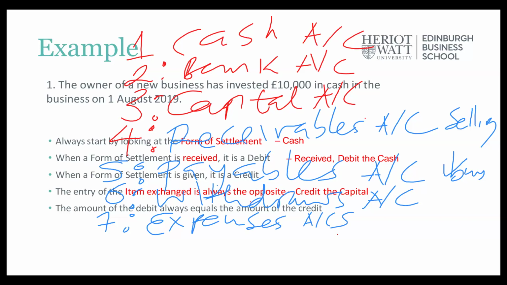Whatever the name of the expense, that will be an account. This is very important. So for example, if you have paid for rent, you have what is known as the rent account. If you have paid the salaries, you have the salaries account. These are the accounts that appear even when you go to the trial balance, the expenses accounts. Everything that you list there under expenses, those are accounts.